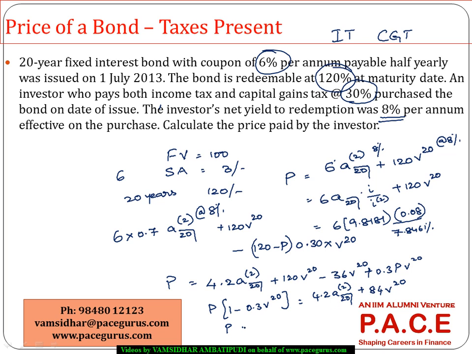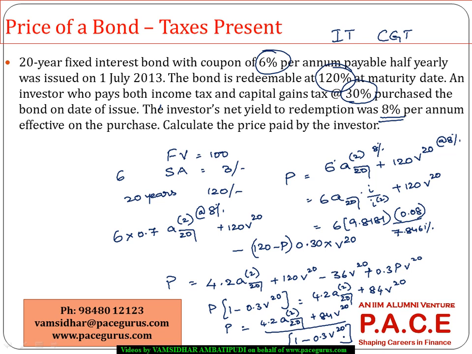So from here the purchase price is 4.2 a-angle-20 on a semi-annual payment basis plus 84 v^20, and this entire thing I am dividing by 1 minus 0.3 v^20.